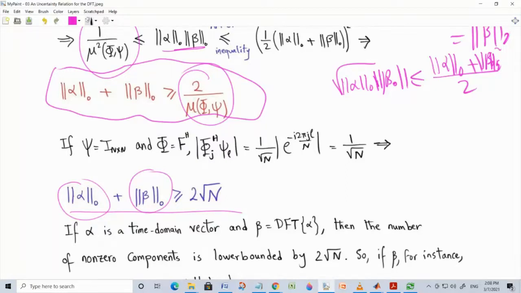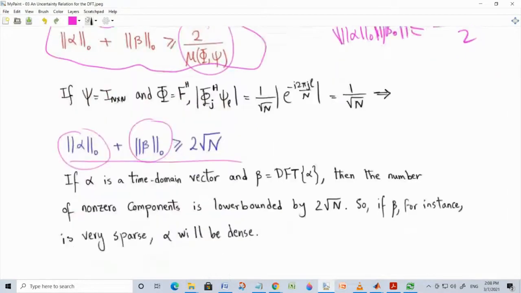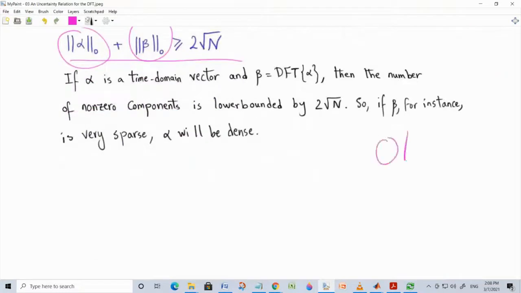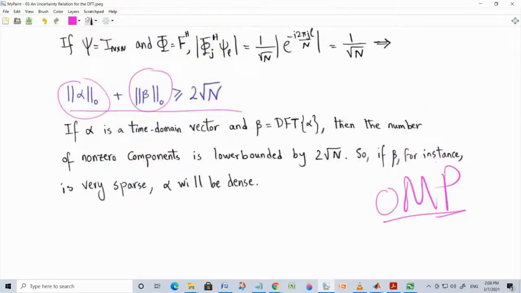So it's useful to keep this in mind. Sparse signal processing is already there in your problem sets, and we will basically deal with it again. There will be a lecture in which we discuss in detail the analysis of a famous algorithm called orthogonal matching pursuit. Okay, so stay tuned.